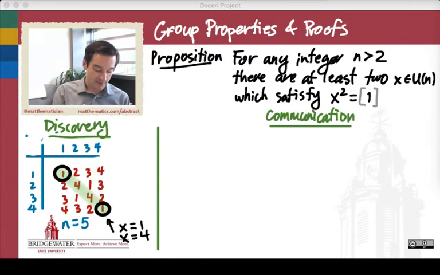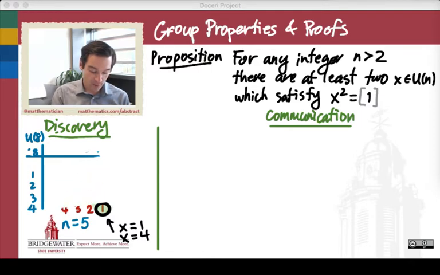Let's do 8. So in the group of units mod 8, let's see if we can figure out what at least two elements that satisfy this equation have to be. The elements in U8 are the equivalence classes of 1, 3, 5, and 7.